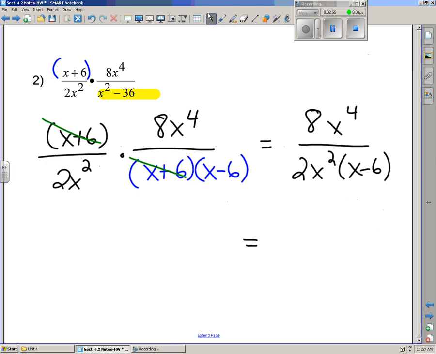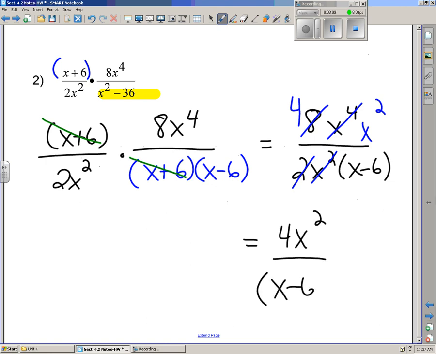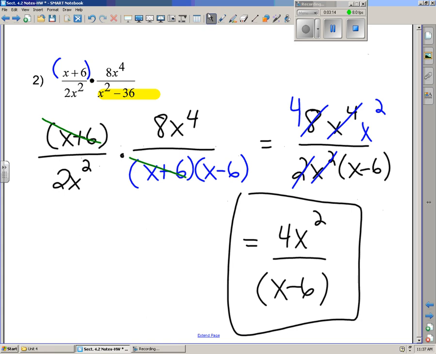As it turns out, 8 and 2 simplify to a 4 over a 1, and there's more x's on top by 2. So the final answer would be 4x squared over x minus 6. Now you're finished. You cannot cancel the x squared on top with the x on the bottom, because on the bottom it's a part of a binomial. The x is a part of that package, where on the top it's part of a monomial.